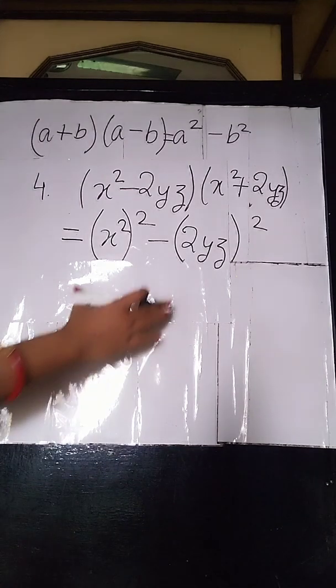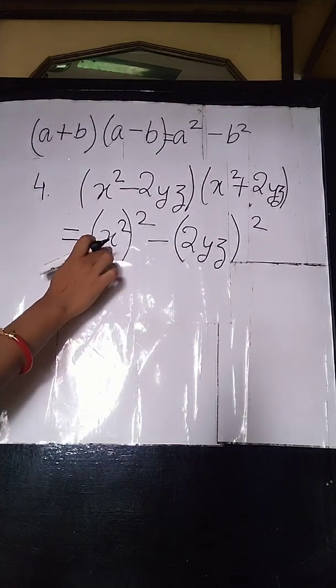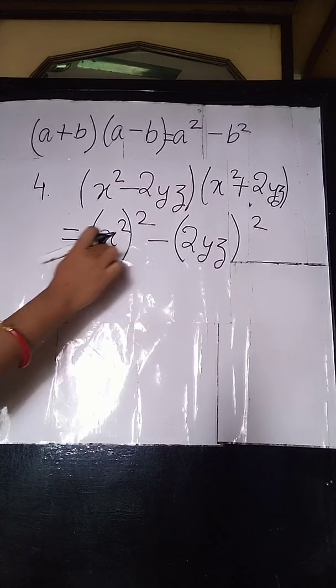So in this way, by applying the formula, we will solve this sum. We write the answer in the form a² − b², where a means x² and b means 2yz. So (x²)² − (2yz)².